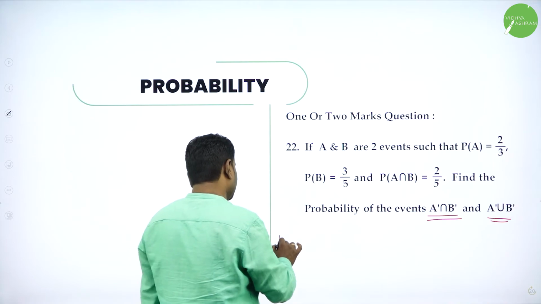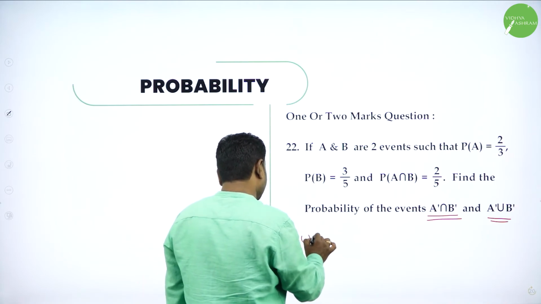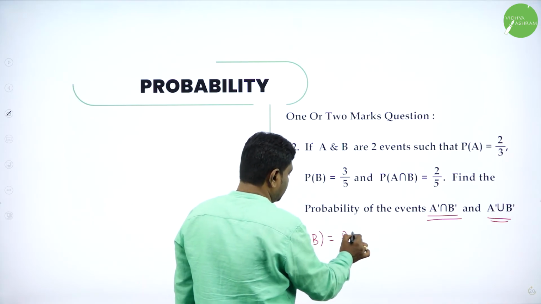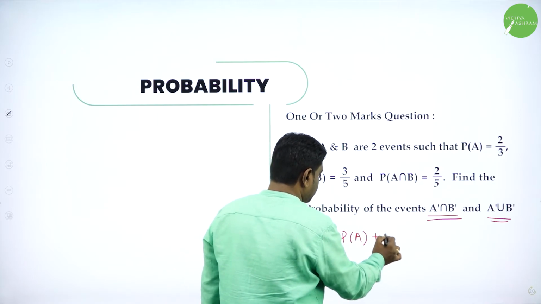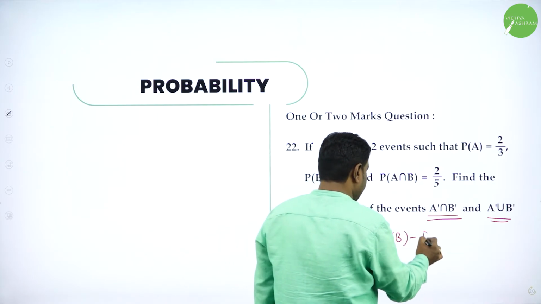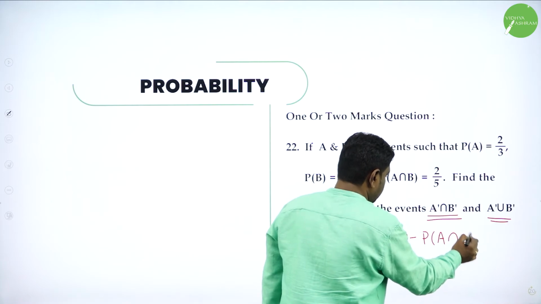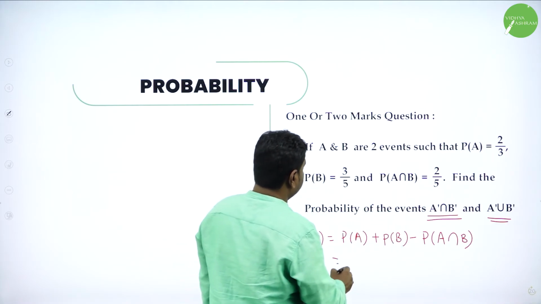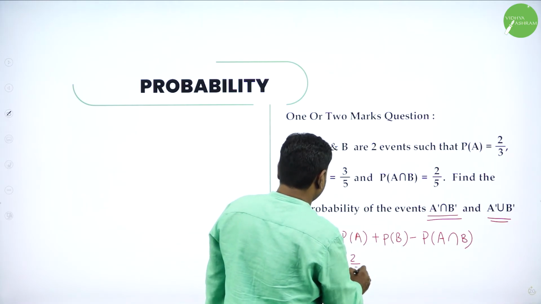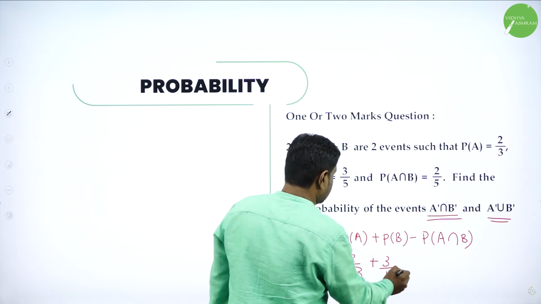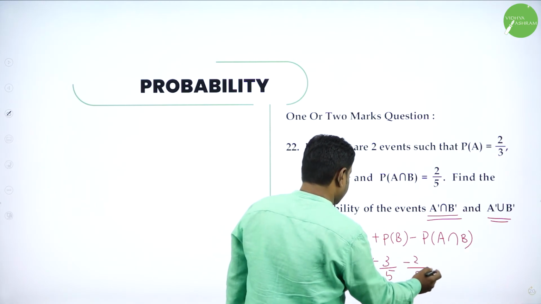So what is P of A union B? All of you know the formula. P of A plus P of B minus P of A intersection B. Substitute in this. What is P of A we have? P of A is 2 by 3. P of B is 3 by 5. P of A intersection B is 2 by 5. Simplify this.